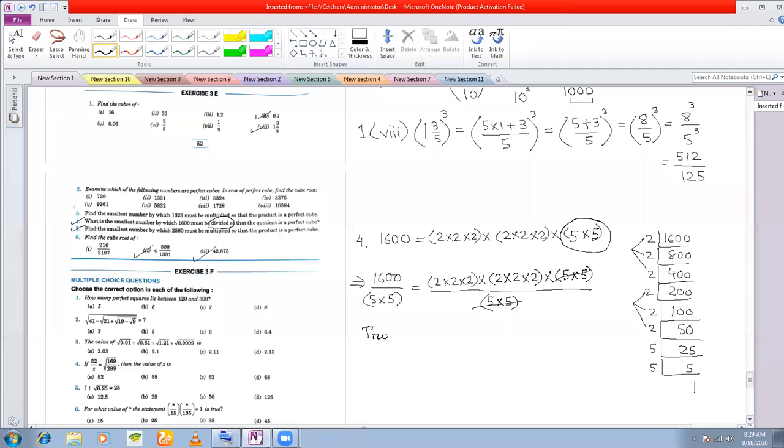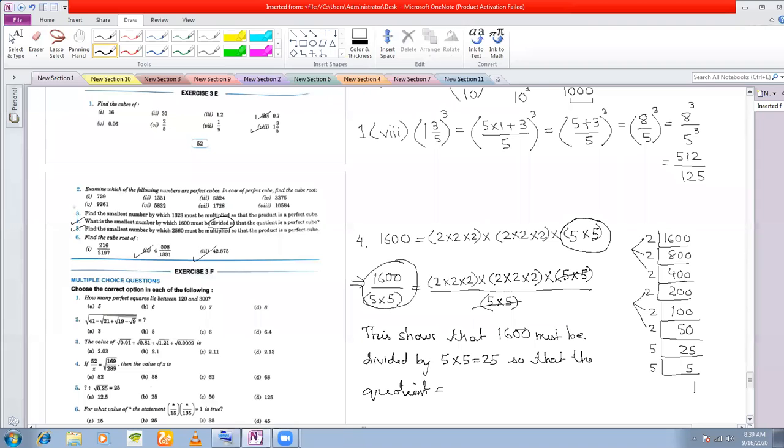So this shows that 1600 must be divided by 5 into 5 equal to 25, so that the quotient, 1600 by 5 into 5, which comes to 64, equal to 64 is a perfect cube.